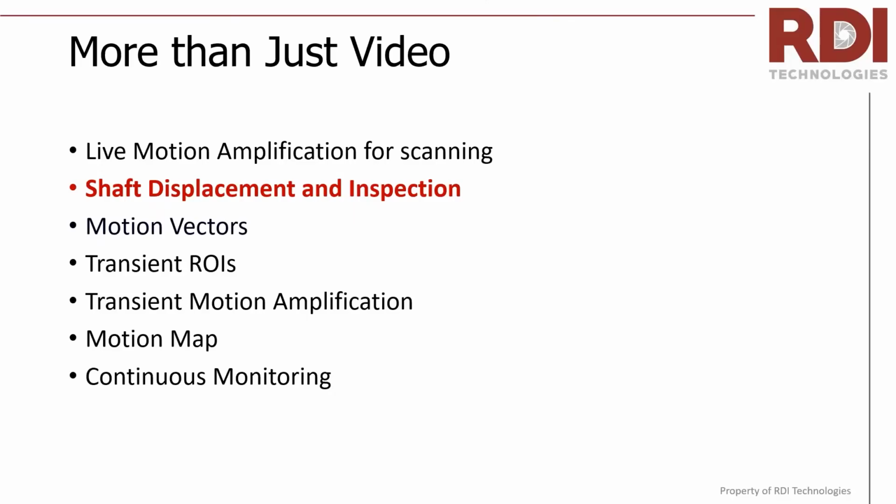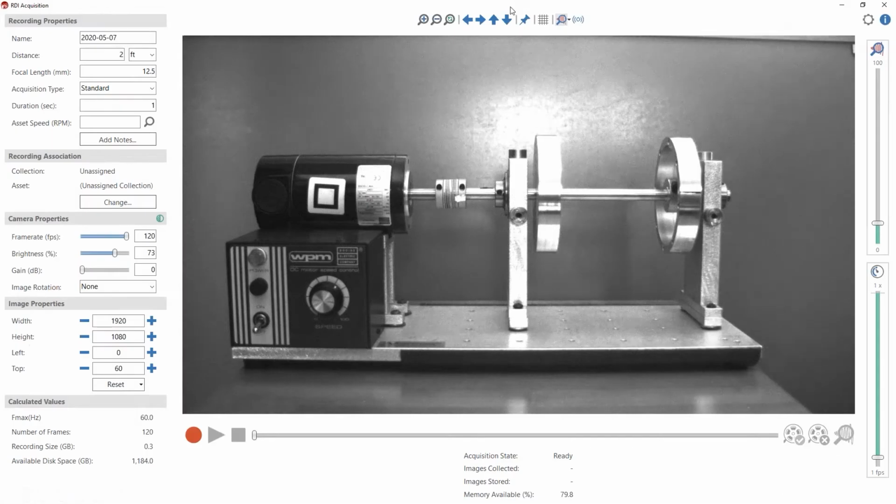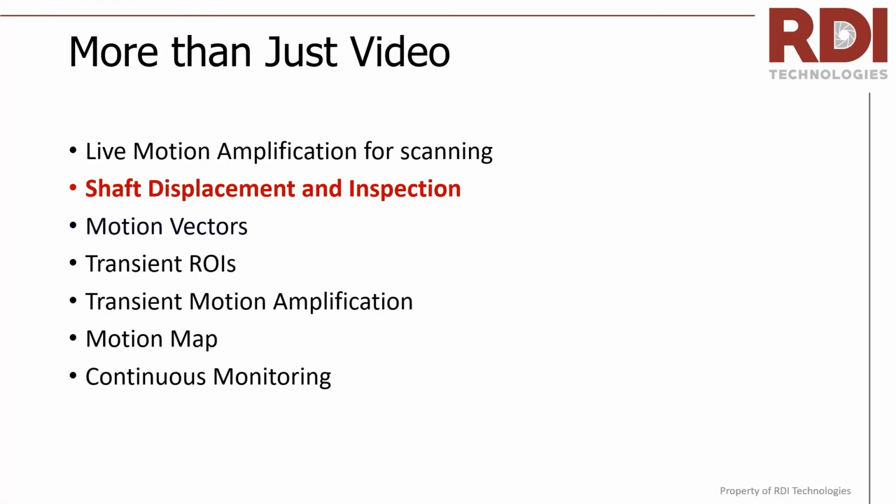Okay, so let's talk a little bit about shaft displacement and inspection. I'm going to turn on the rotor kit once again. And so this again is sort of unrelated, a little bit different from any sort of motion amplification in the traditional sense. Let me talk about that just a little bit.